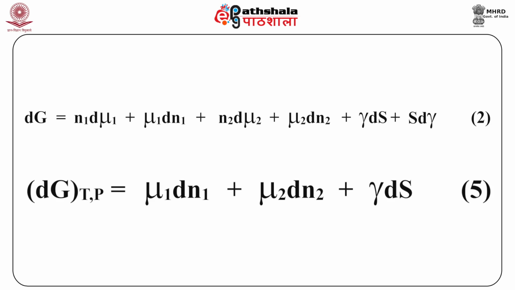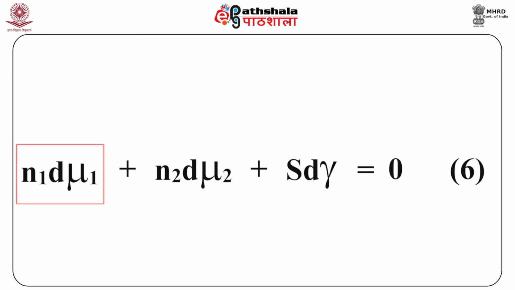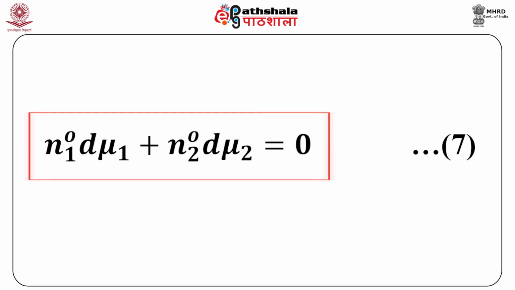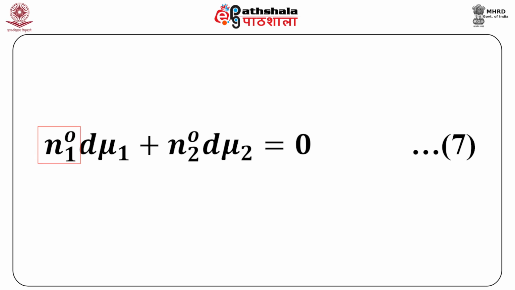Equating 2 and 5, we get N1 d mu1 plus N2 d mu2 plus S d gamma equals 0 as our equation 6. In the bulk of the liquid, the analogous expression for the Gibbs free energy change devoid of surface energy will be given by equation 7 as N1 naught d mu1 plus N2 naught d mu2 equals 0, where N1 naught and N2 naught are the respective amounts of solvent and solute in the bulk phase.